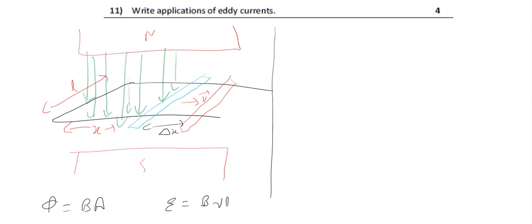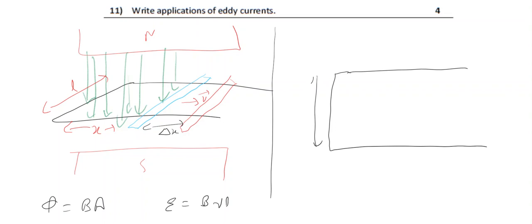Now I am drawing the same figure but from a different perspective. So now I consider that the loop is like this. Now this is L, and the conducting rod, let me place it here.